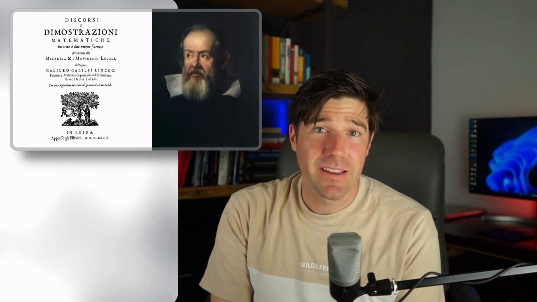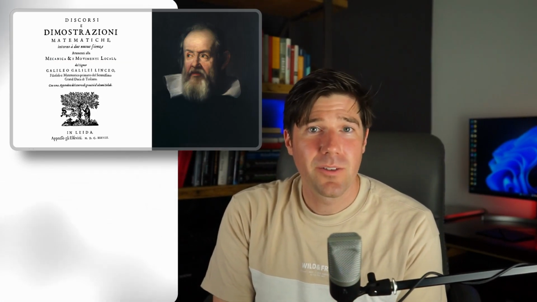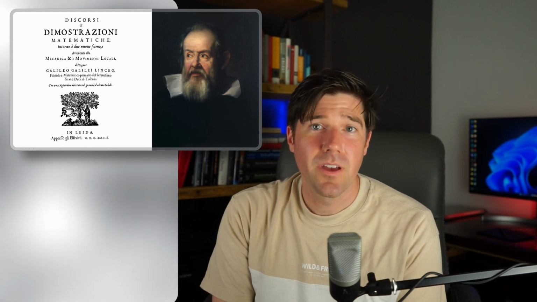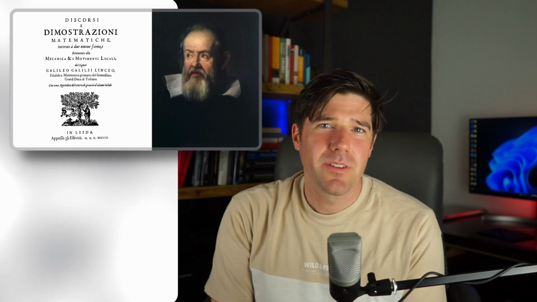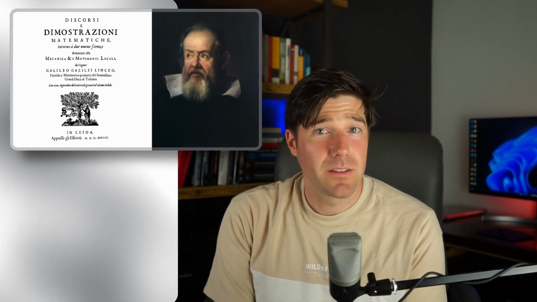The ideas of modern kinematics were mostly developed in 1638 by Galileo Galilei in his landmark work, Discourses and Mathematical Demonstrations Relating to Two New Sciences. In his work, he experiments with the motion of falling objects, acceleration, and the motion of projectiles.